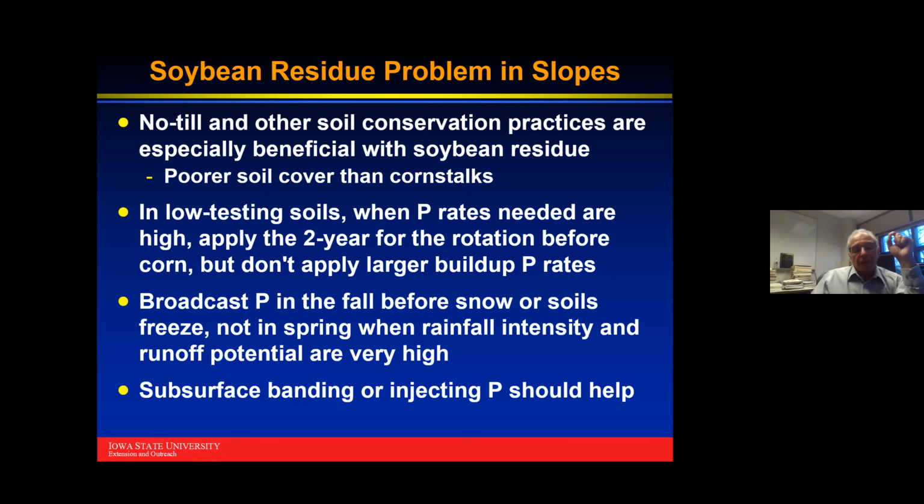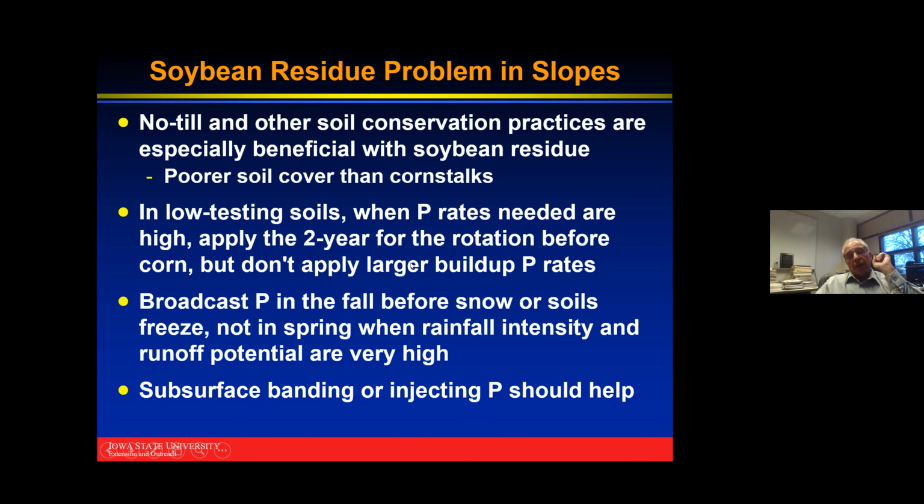I like soybean, I think it's great, but we have this issue with soybean residue, especially with slopes, okay? So in low testing soils, when P rates needed are high, apply the 2-year rate for the rotation, but no more than that.